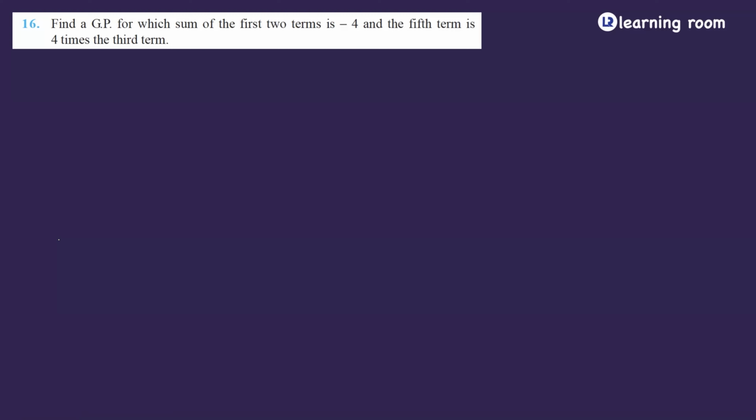So 16th question is, find a geometric progression for which the sum of the first two terms is -4. So let the first term be A and the second term will be AR, right? And the fifth term is 4 times the third term. What is the fifth term? AR power 4 is equal to 4 times the third term.